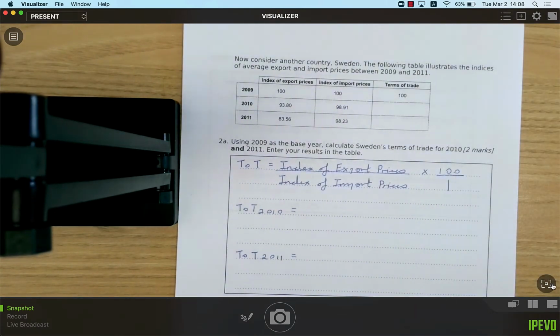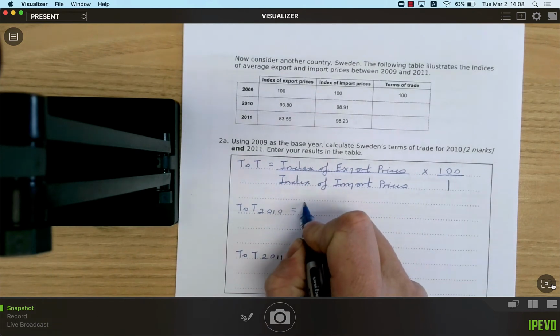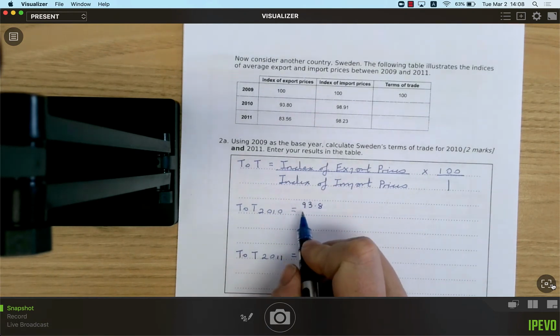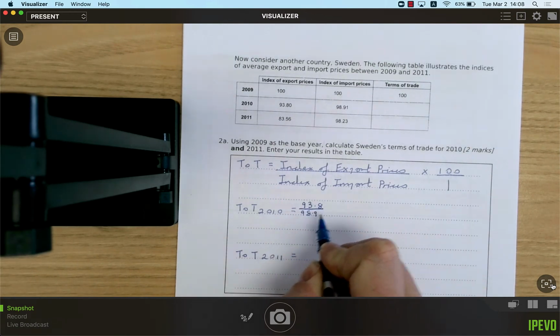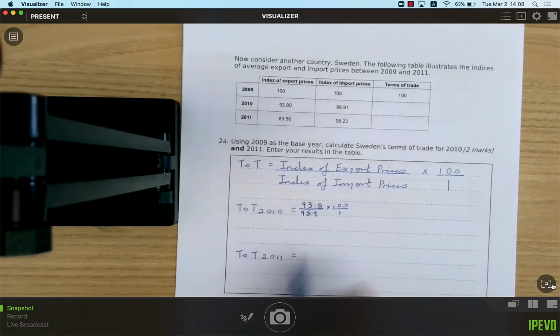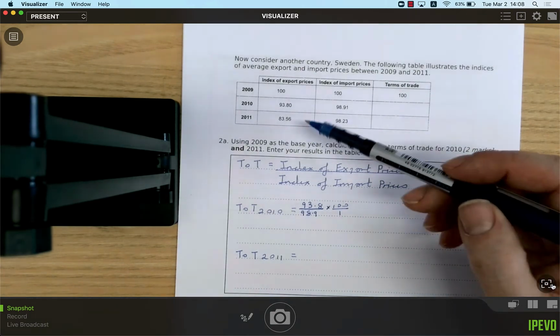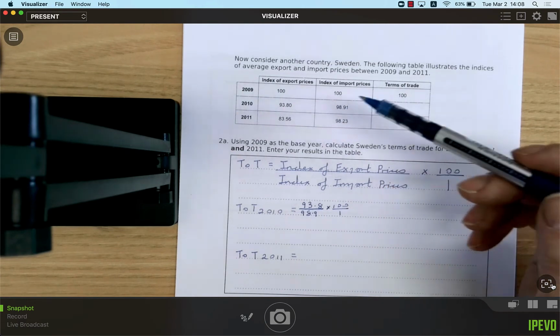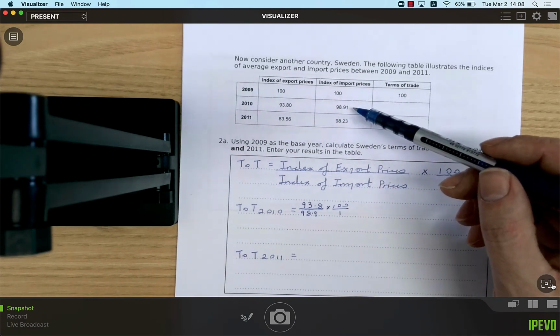Right, for 2010, what we've got is 93.8 over 98.9 multiplied by 100 over 1. So what we're saying here is the terms of trade is 93.8 in 2010, and then we're dividing that by the index of import prices, which is 98.91.